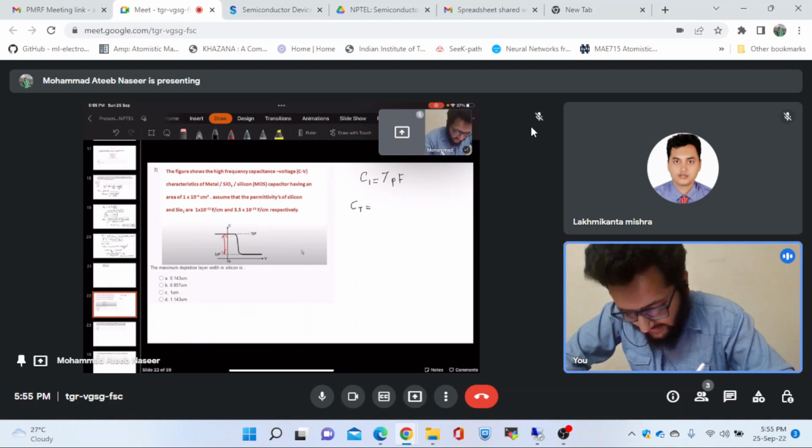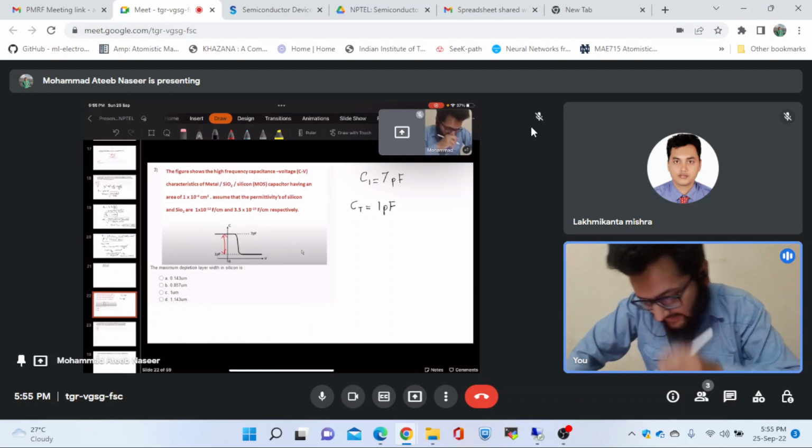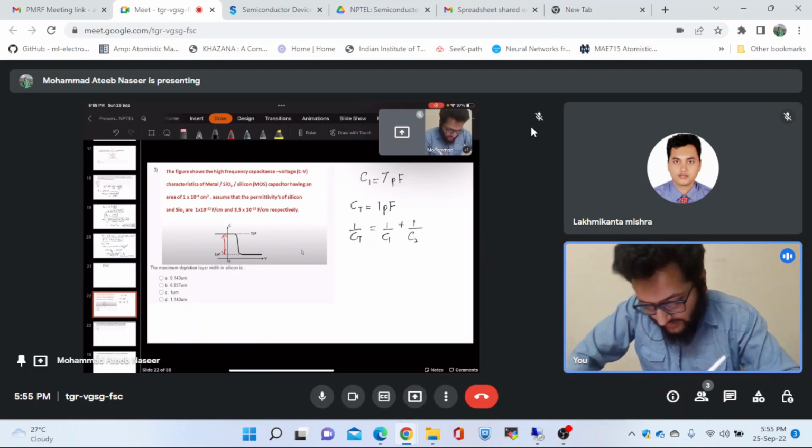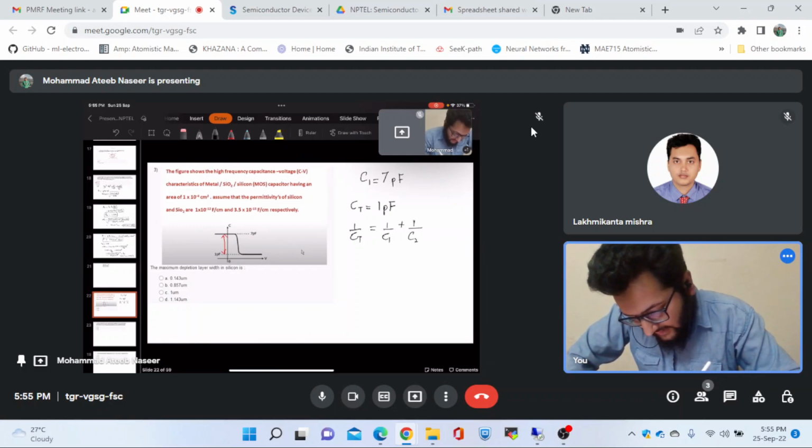So this CT, which is equal to 1 picofarad, is simply given by 1 by CT equal to 1 by C1 plus, let me write down this other capacitance, 1 by C2. So CT will simply be equal to C1 C2 divided by C1 plus C2.